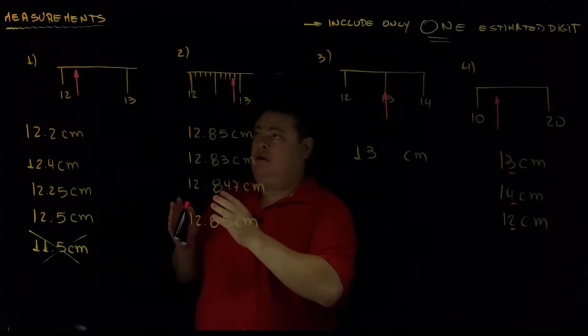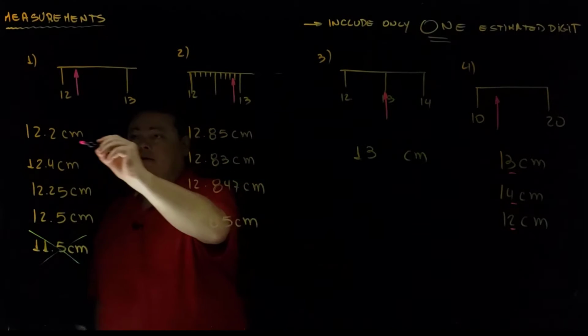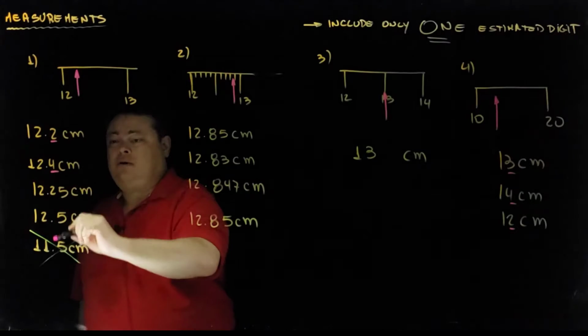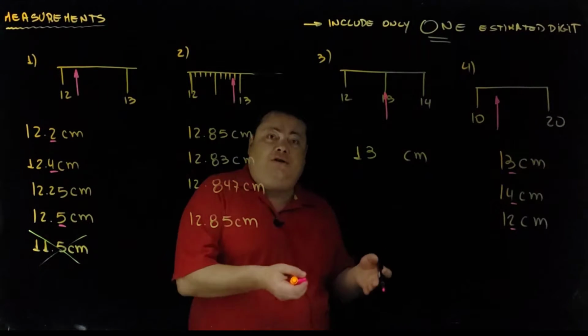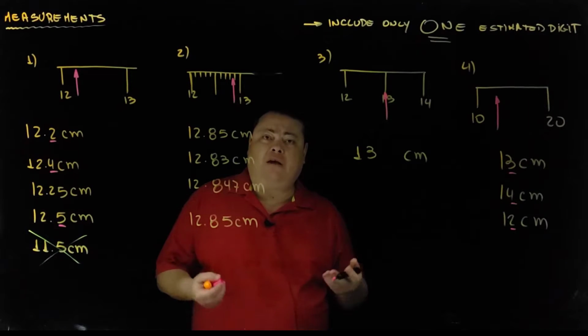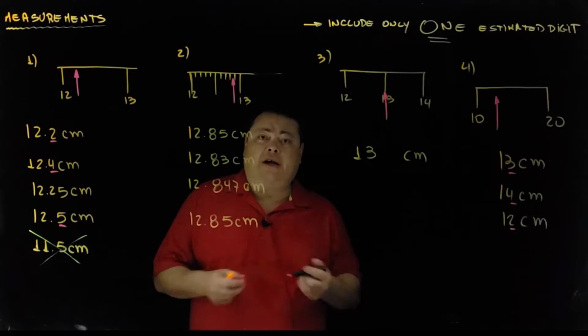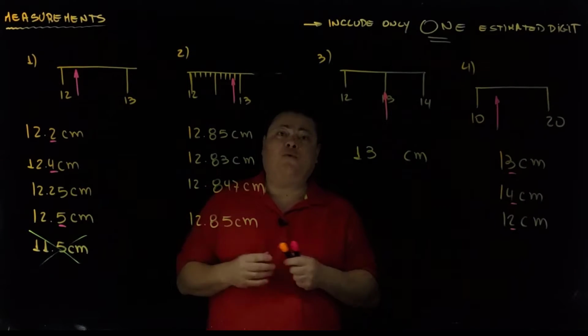If we look at the first meter stick, my estimated digit is the decimal place. Okay? This is my estimated digit. And I'm using the same meter stick. And let's assume the same method of making the measurement. So I should have, on example 3, the same precision that I have in example 1.